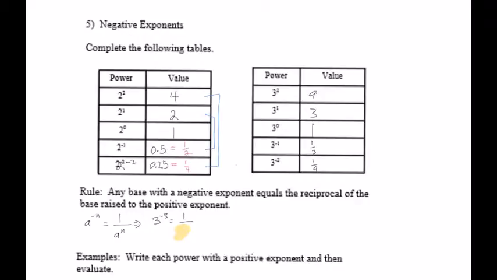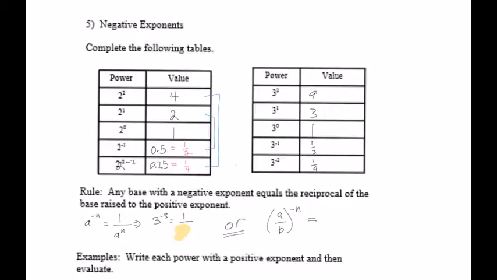Now, what I want you to do is think about something that would happen if we had fractions. Now, we took a look at fractions and raising fractions to exponents in yesterday's lesson. But this time what I want you to recognize is this. This is for fractions. So let's say I had a over b raised to the negative n.